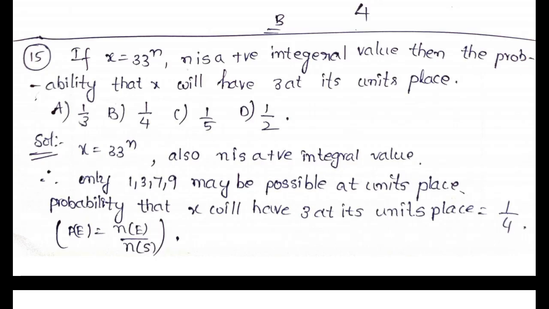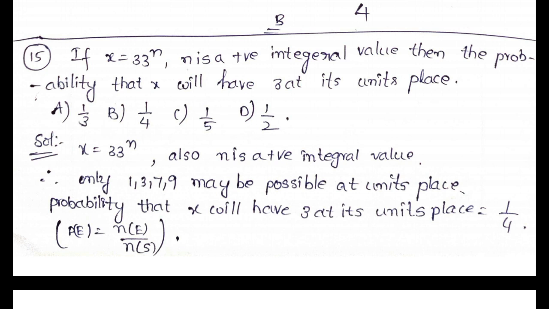15th question, we are asked here, if x equals 33 to the power of n, where n is a positive integral value, then the probability that x will have 3 at its units place. Guys, please remember we are asking about 33 power n, where n is a positive integral value.